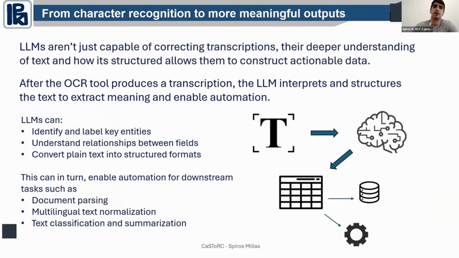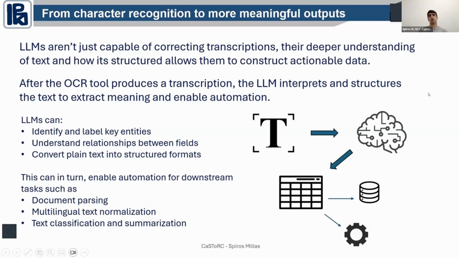So now that you fixed the transcription with the help of an LLM, you can also start doing a lot more with that text. The model doesn't just correct spelling or formatting, it actually understands what different pieces of text represent. For example, it can identify key entities, things like names, dates, totals, and it can recognize how these fields relate to one another, like linking the amount to a specific item on the receipt or an invoice.